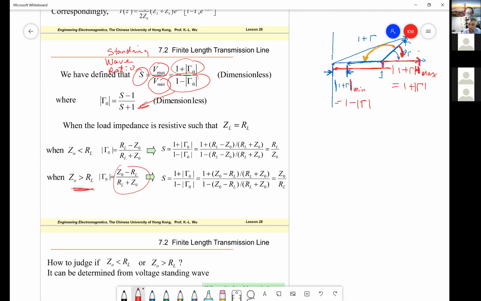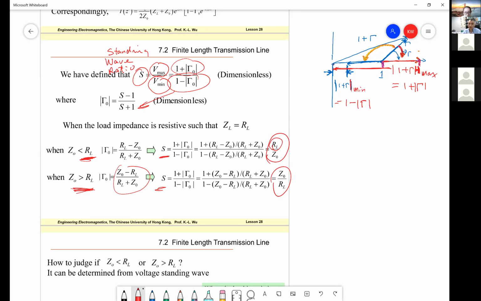So we calculate the absolute value of the reflection coefficient depending on whether the load is smaller or larger than the characteristic impedance. Consequently, for different values, the standing wave ratio is measured in the opposite way. So we must be very careful how to use the load impedance to calculate the standing wave ratio.